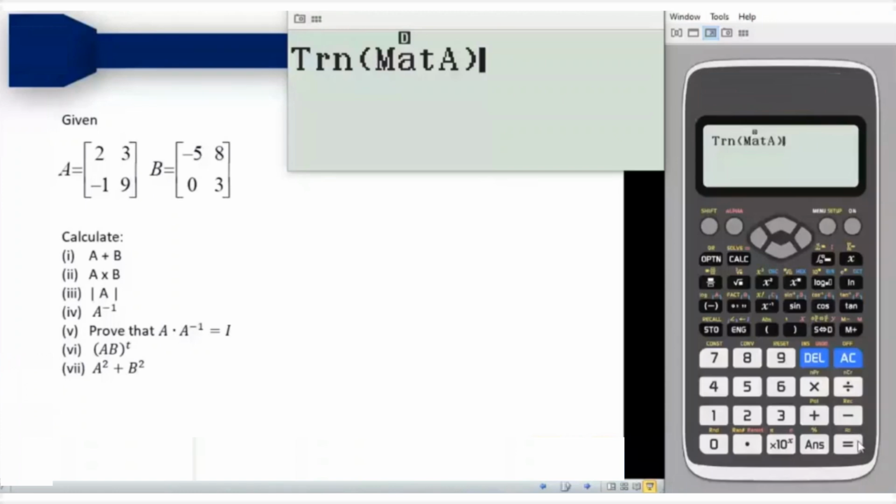So please realize that instead of 2 3 minus 1 9, it has now become 2 minus 1 3 9. So basically the rows have become columns and the columns have become rows. So 2 3 minus 1 9. I hope this is clear.